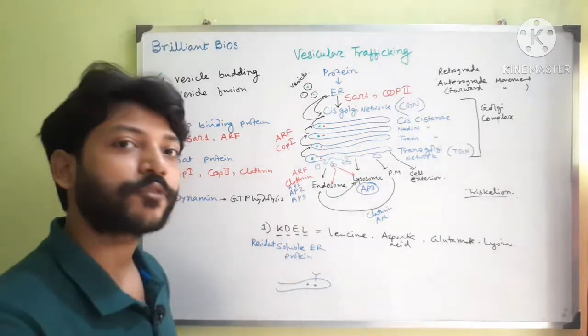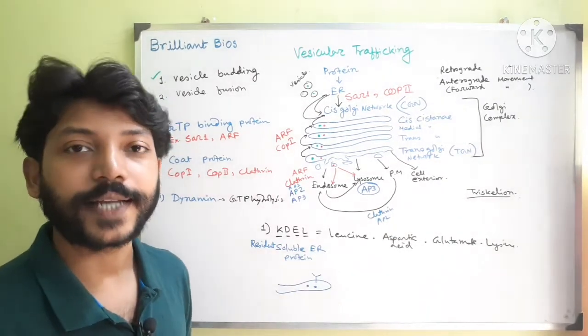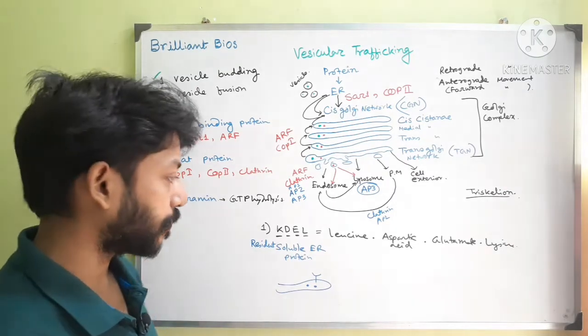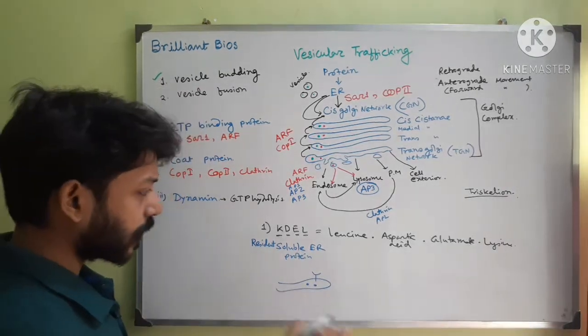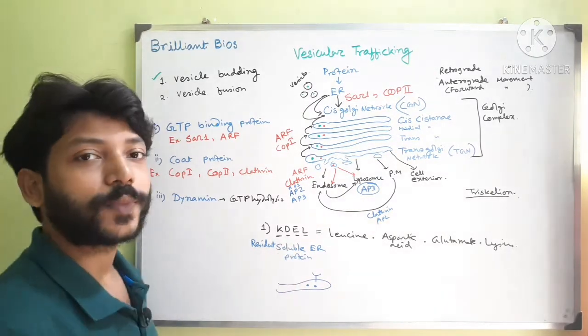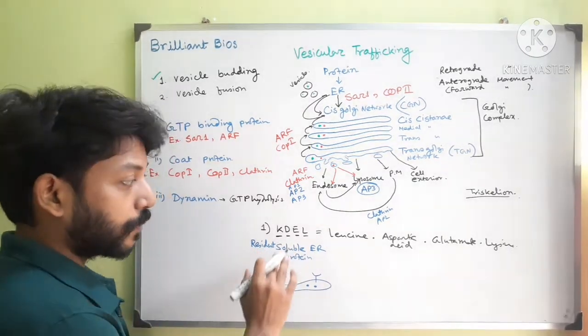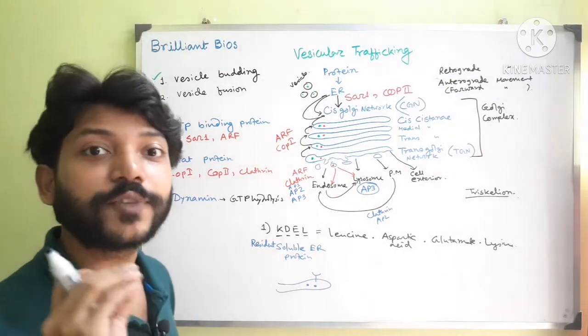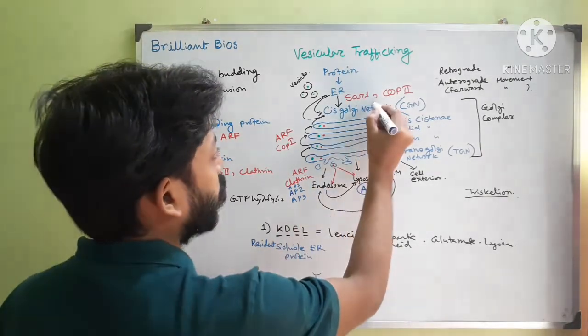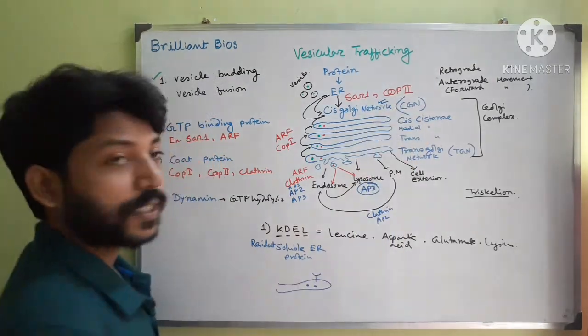Membrane-bound proteins have a different sequence called KKXX, the diacidic, diarginine sequence. I'm not going into this, but KDEL is present in the soluble endoplasmic reticulum proteins, and this is very important because KDEL is actually a retrieval signal, and the receptor for this KDEL is present in the cis-Golgi network. You must remember the receptor is present there.